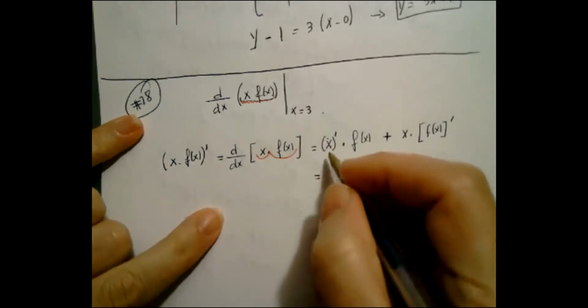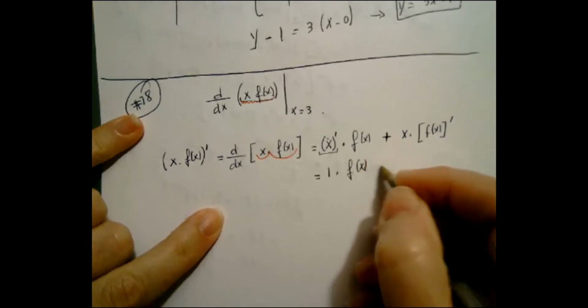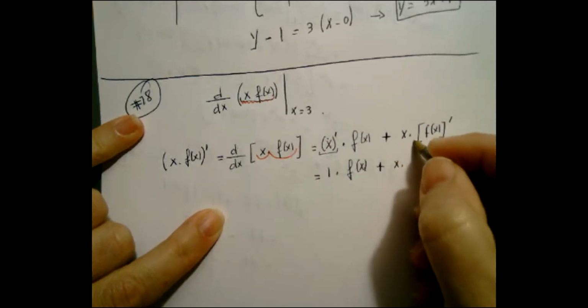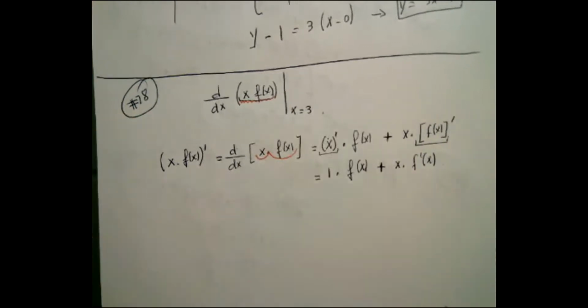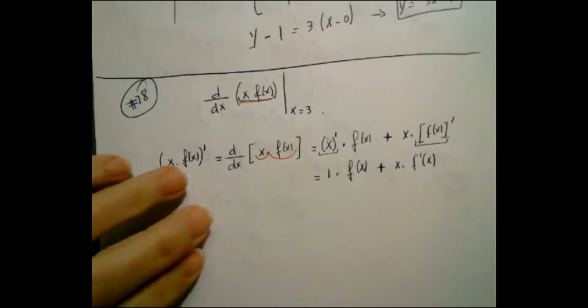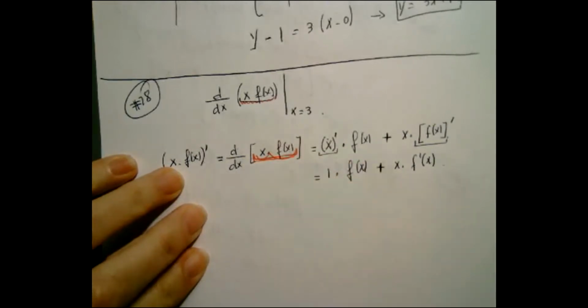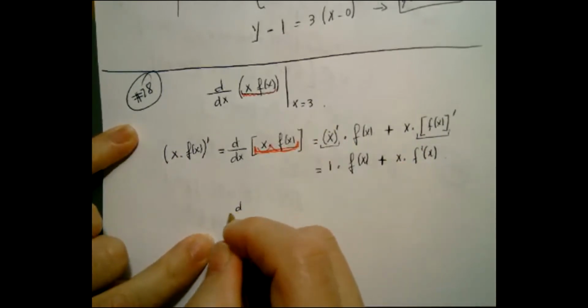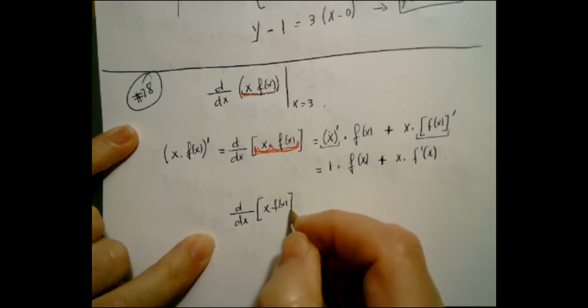The derivative of x is 1 times f of x plus x times the derivative of that, which is f prime of x. So now I found the formula for the derivative of this function, x f of x, for any value of x. After I do that, now I want to zoom in at x equal to 3.